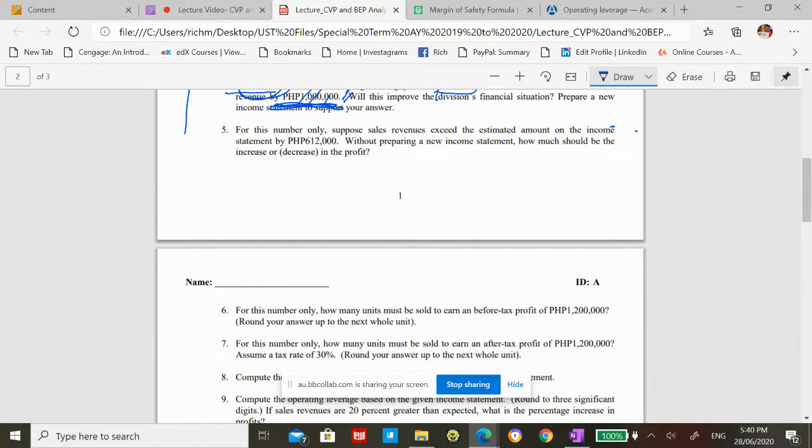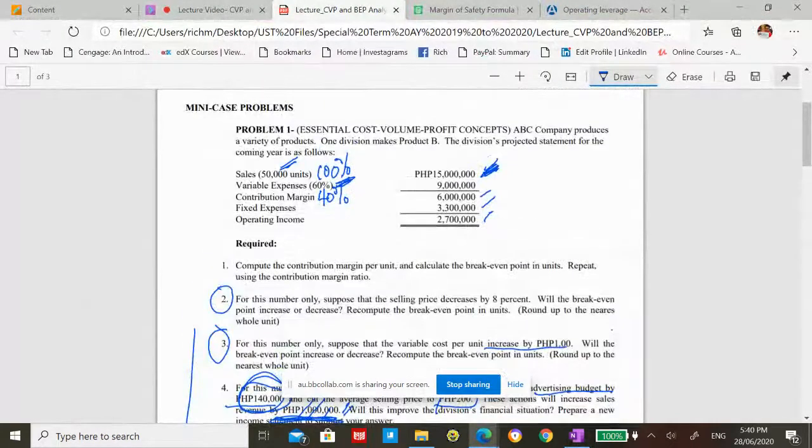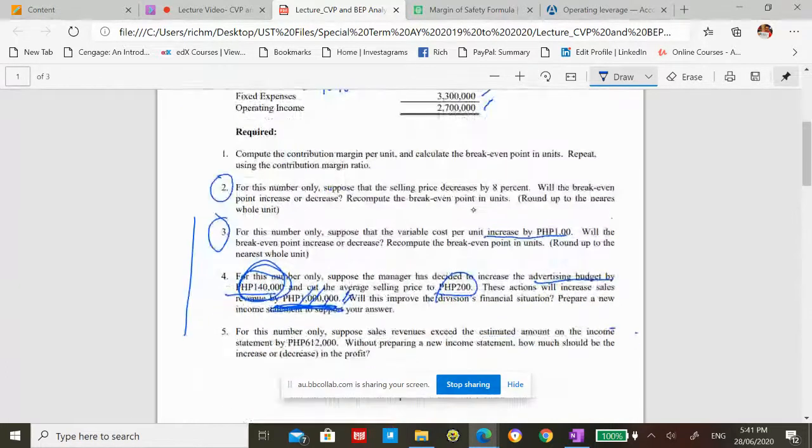Without preparing a new income statement, how might be the increase or decrease in profit? Take note, in our original income statement, we are already generating income. The contribution margin already covered the fixed expenses, so we have income of 2.7 million, and sales will increase from 15 million. So, we no longer have fixed expenses to cover.